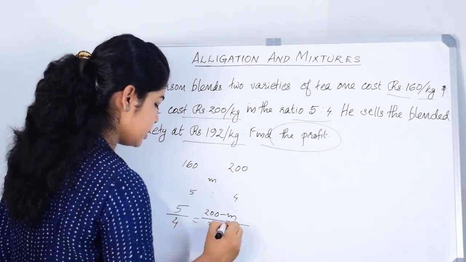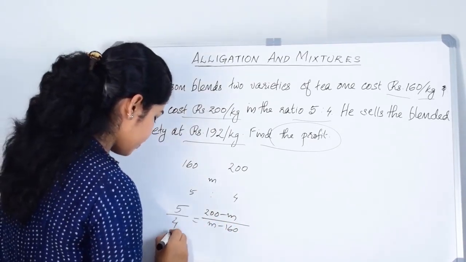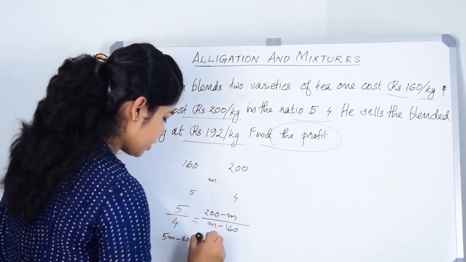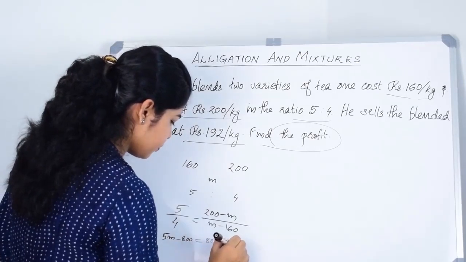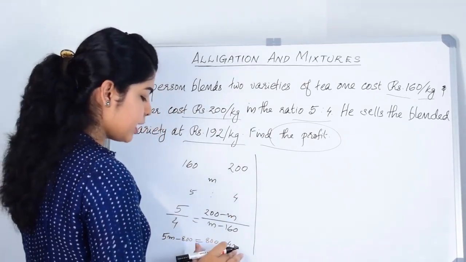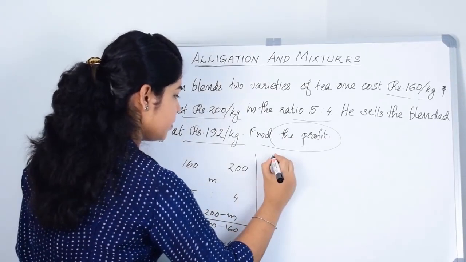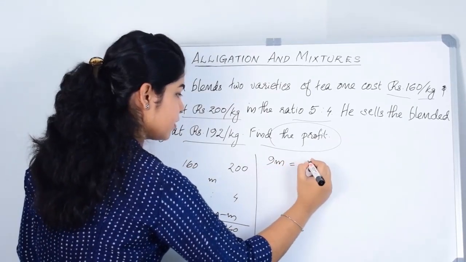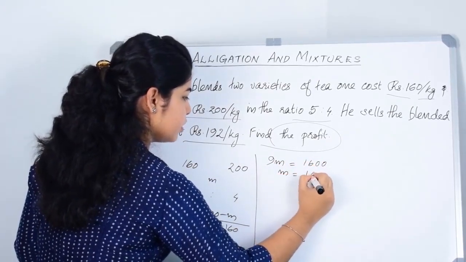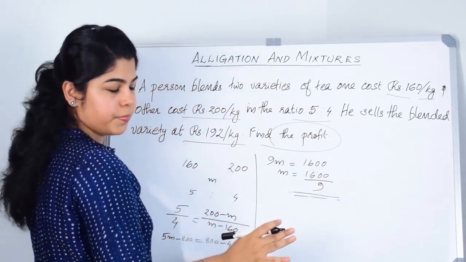So by cross multiplying this equation we will get 5M minus 800 is equal to 800 minus 4M. Now I am taking this minus 4M to this side and this minus 800 to the right side. So it will be 9M is equal to 1600. So M is equal to 1600 by 9. Now we got the value of M.